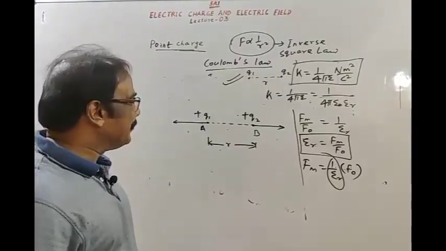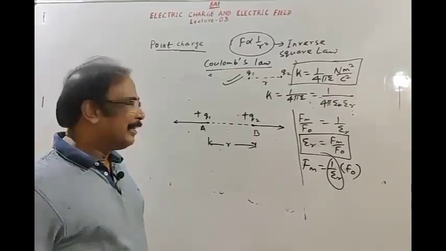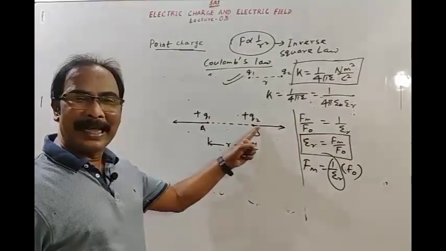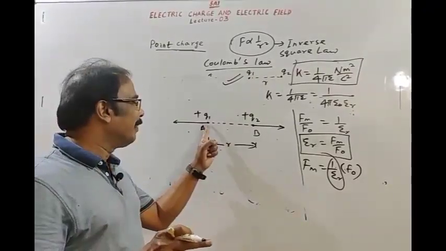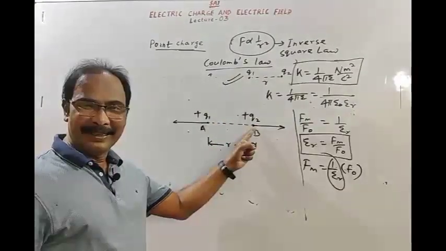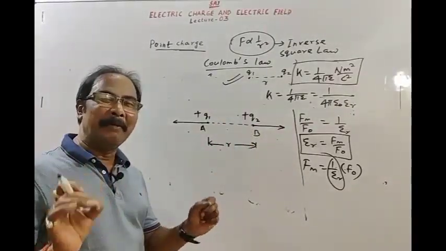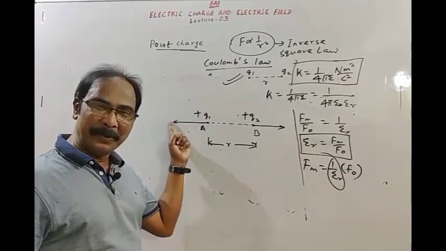Okay. So force is a vector quantity. First thing, the force between 2 point charges must act along the line joining the 2 point charges. Okay. So electrostatic force between 2 point charges, maybe this force, maybe this force.